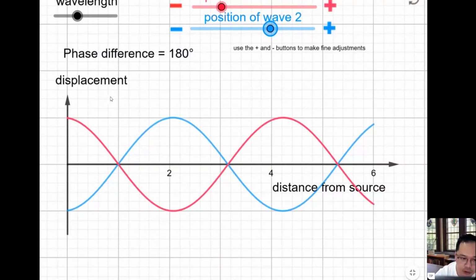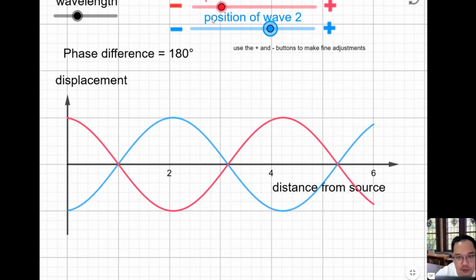And for the blue wave, it is a trough, a dipped place at that moment. So you see that the red wave is decreasing and the blue wave is increasing, oppositely to each other. And in this case, we say that the two waves differ in phase by 180 degrees. They are opposite in phase.